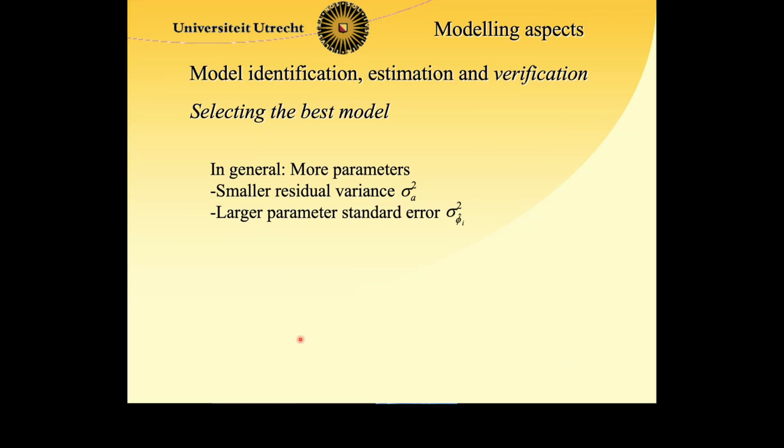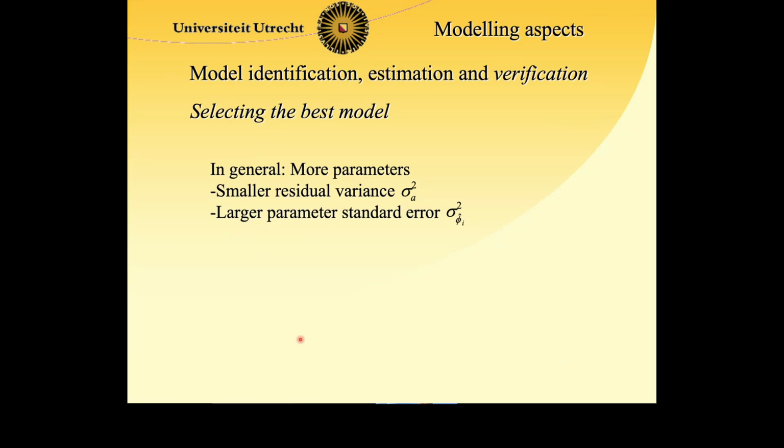So let's talk about model selection more generally, because how do we decide whether we want to use an ARMA 1.1, an ARMA 2.2, an ARMA 3.3, an ARMA 2.1, an ARMA 2.3? There are different combinations that you can use. How do you choose the best model?